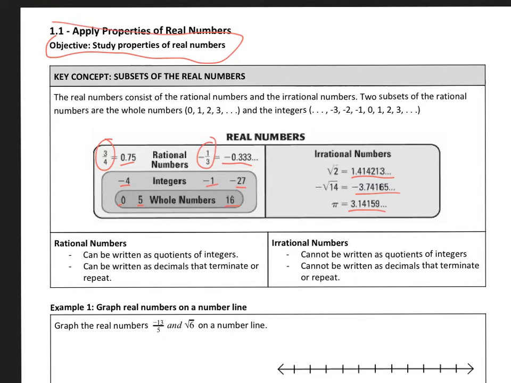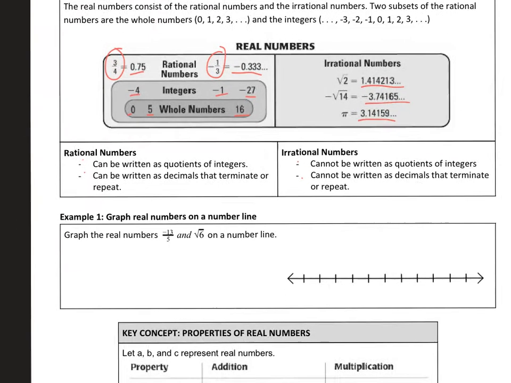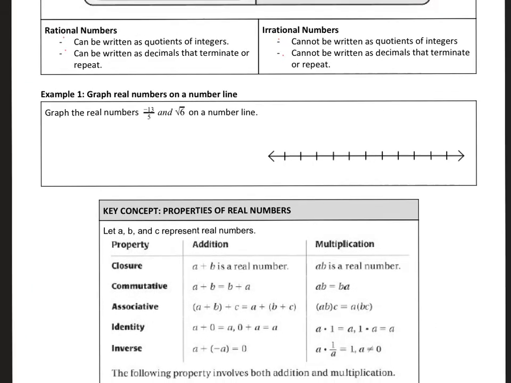So I've got some quick notes down here of rational and irrational numbers. Okay? So one thing about rational versus irrational numbers, we can graph those on a number line. So with this particular number line, we're looking at negative 13 over 5 and square root of 6. And comparing those numbers isn't really easy just by looking at them. So I would want to get those two numbers in the same form.